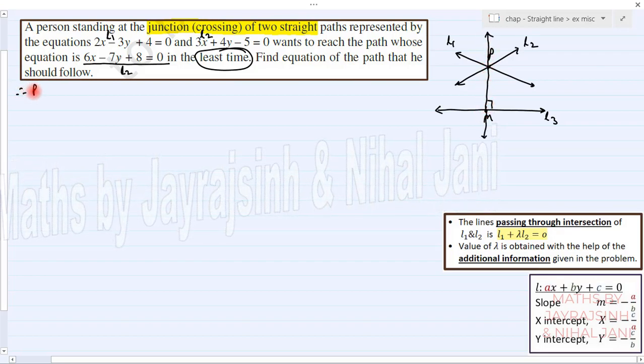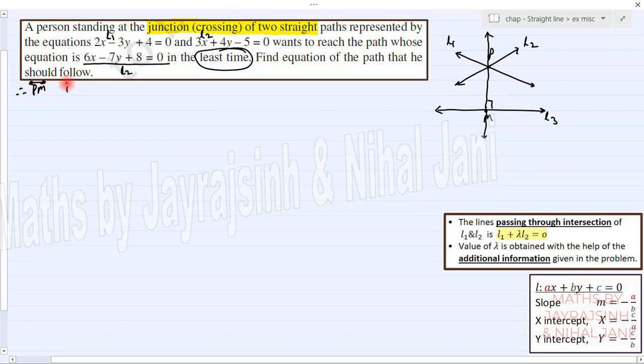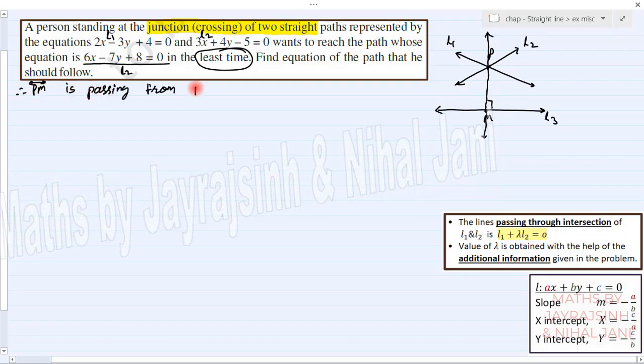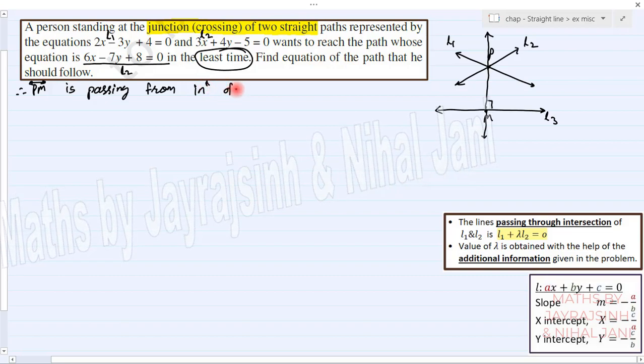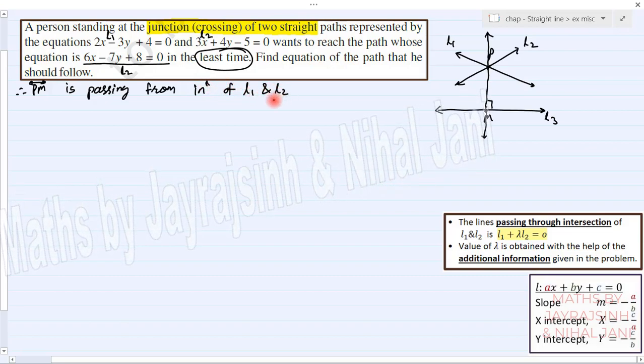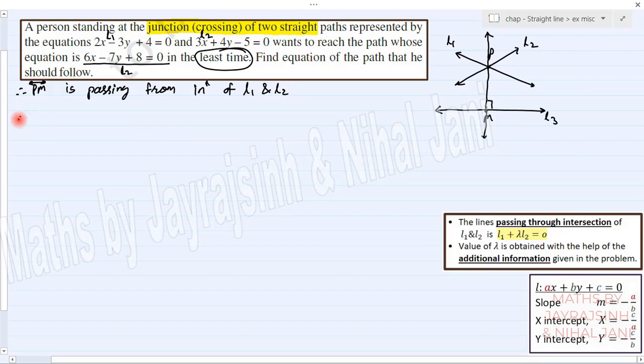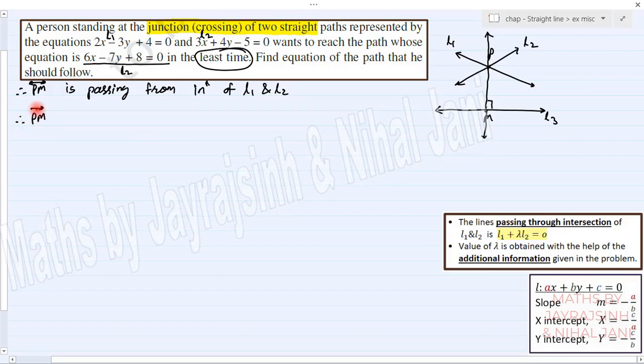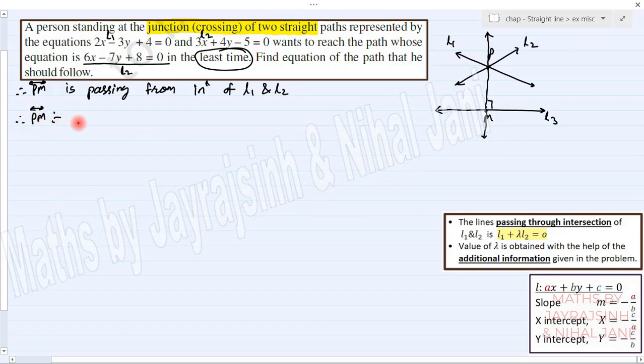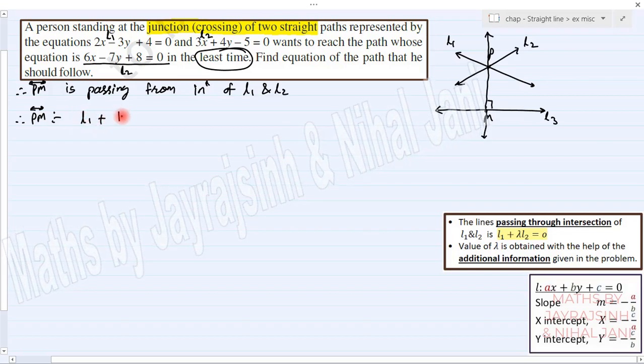So here line PM is passing through the intersection of L1 and L2 line. So we can say the equation of PM is given by L1 plus K times L2 equal to 0.